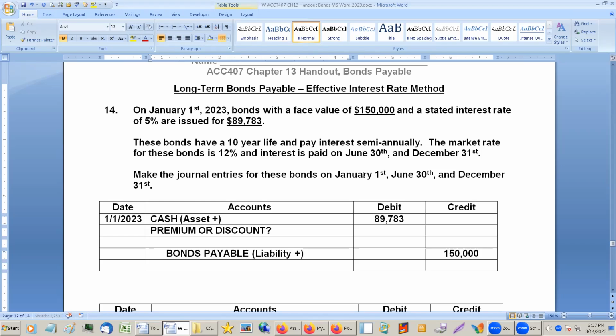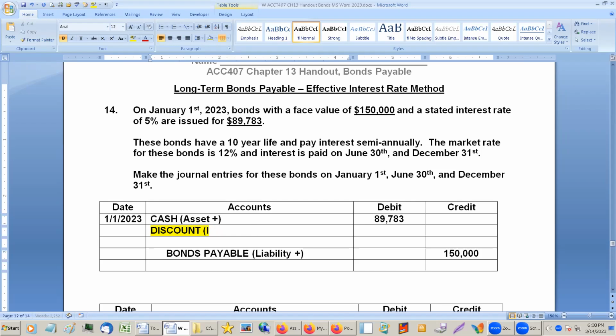What's it going to be, premium or discount? Yep, thank you. Discount. Yeah, it's going to be a discount. We got less than we have on the face. Now, this discount is actually a liability going down.